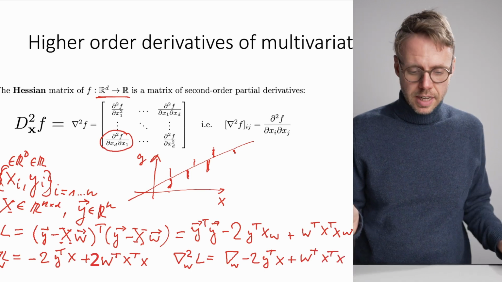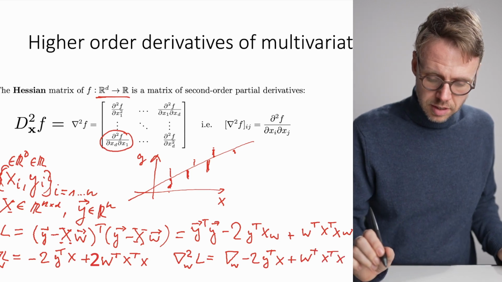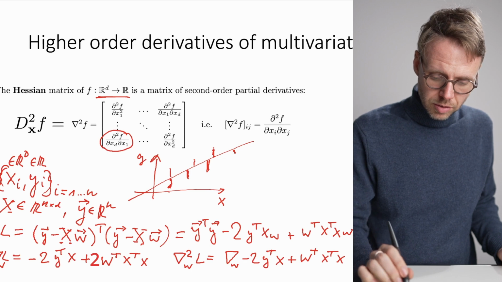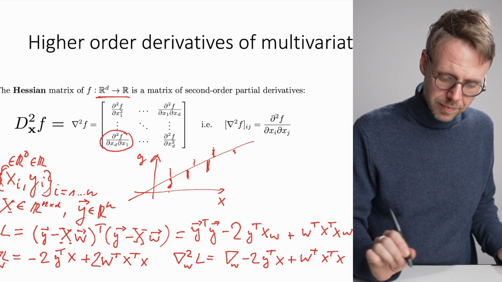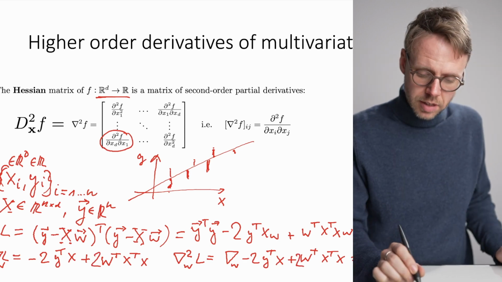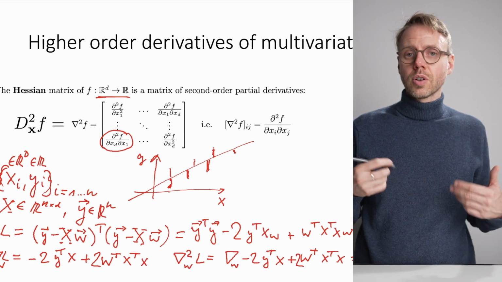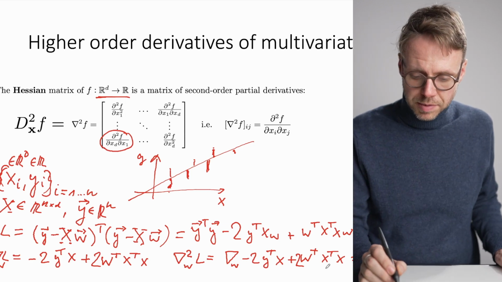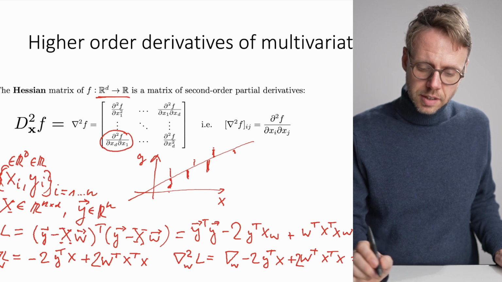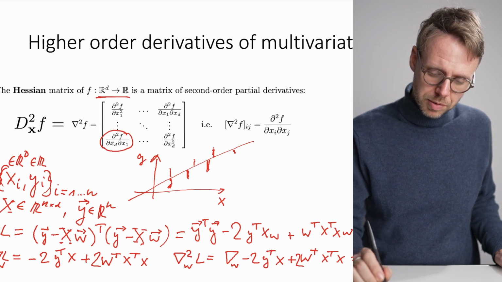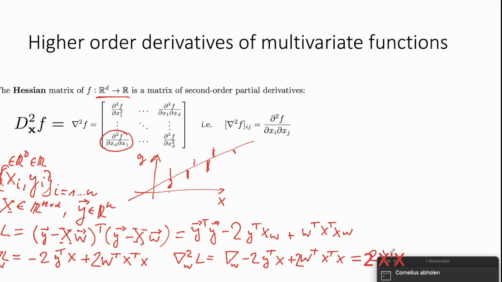And what's the result of that? Sorry, there's a 2 missing here. This term here doesn't contain any w anymore, so it becomes 0. And this here does contain w, so what we're left with is 2 times x transpose x.